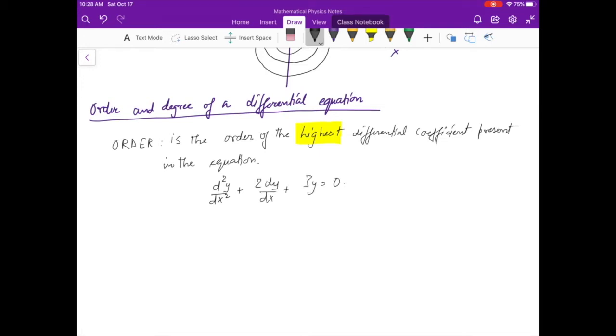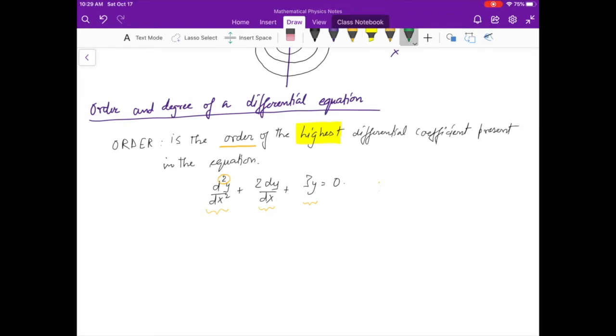Right now we're not looking at exponents. We'll look at exponents in the next part. The one that I have highlighted shows three terms. One of them has a second derivative, the second one has a first derivative, and the third one has no derivative at all. The one with the second derivative is the one which governs the equation. That is the order, and for this problem, this is a second order differential equation.